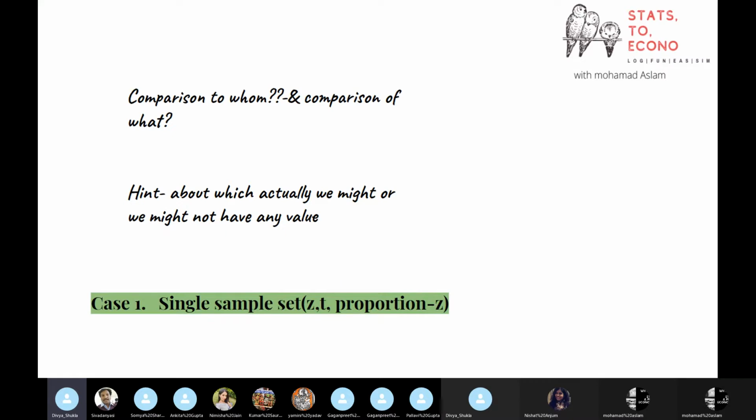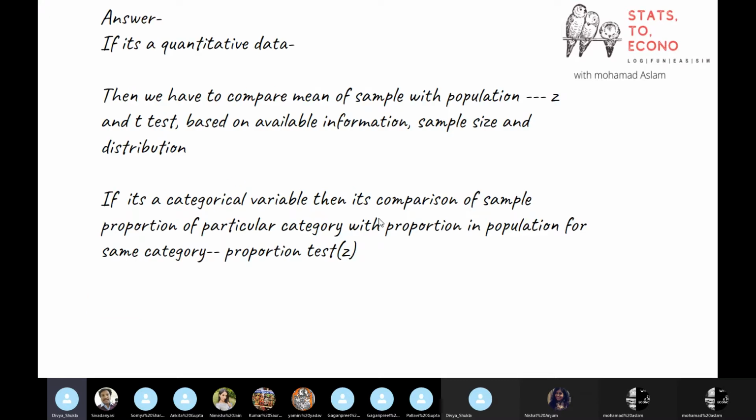Yes, true. We are going to compare sample mean, but if it's a categorical type of data, then we are going to compare the proportions. Only the thing is tricky, as Gagan yesterday asked me, sir, if we don't know the population parameter, then what will we do. So yes, first, this is 2 types of case. First, let's take quantitative data.